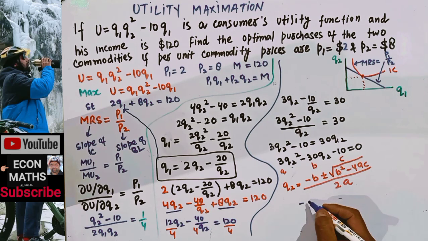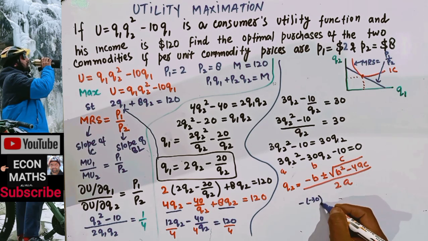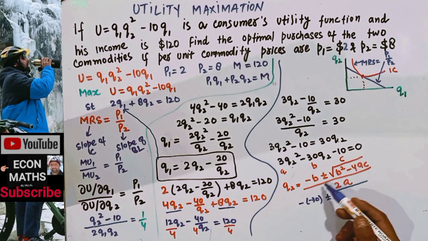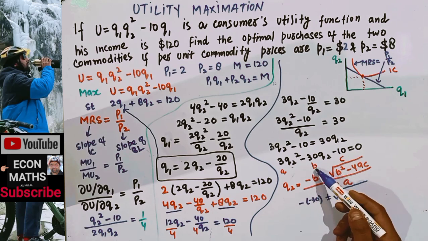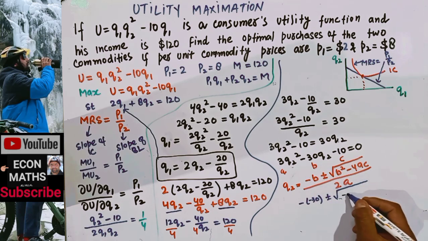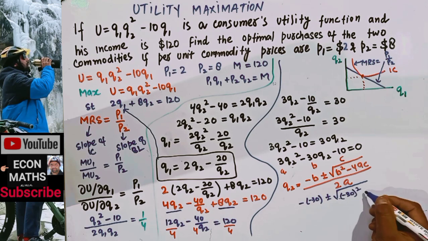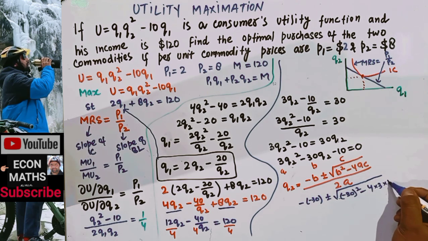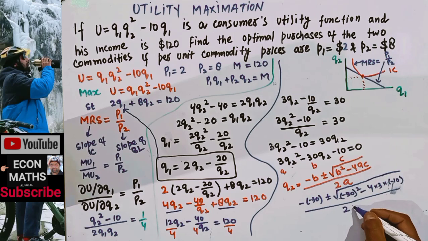The value of B is minus 30, so we have minus minus 30. Then we have plus minus the square root of B square, that means minus 30 square, minus 4. From the formula, the value of A is 3, the value of C is minus 10. So we have minus 10 divided by twice A, 2 times the value of A which is 3.